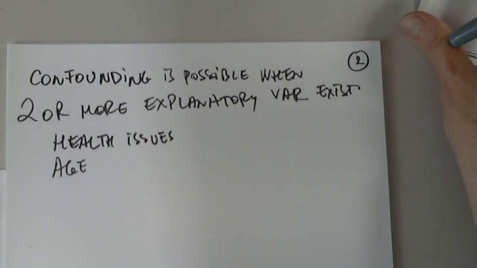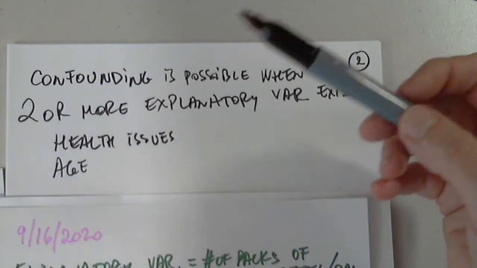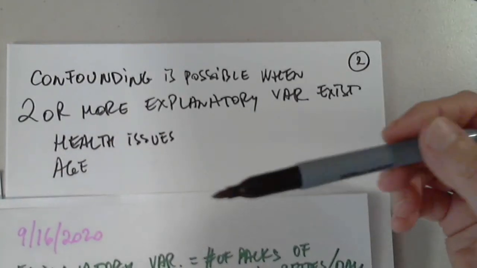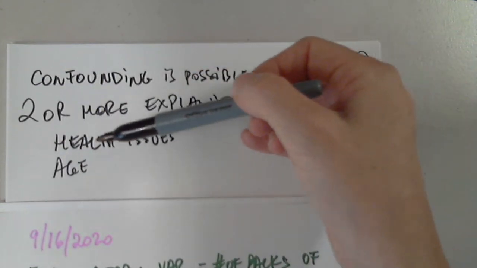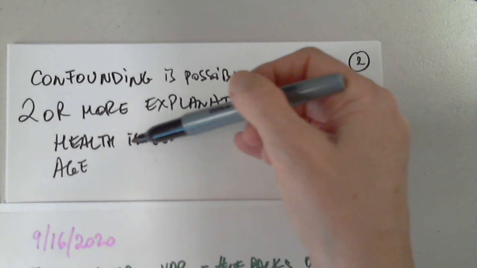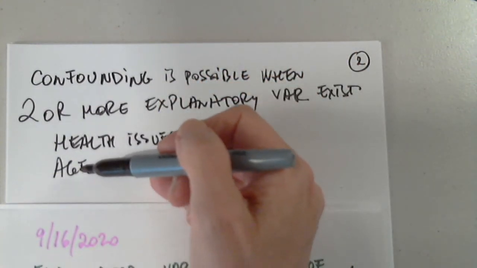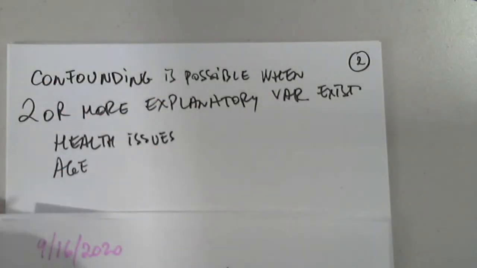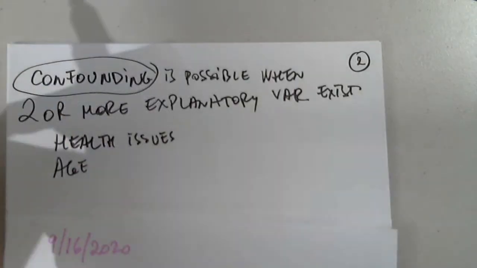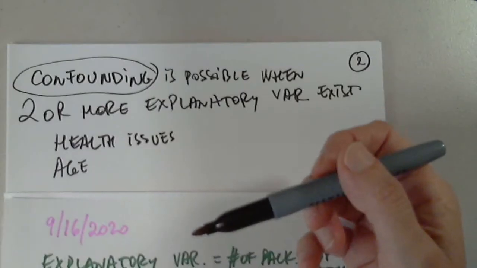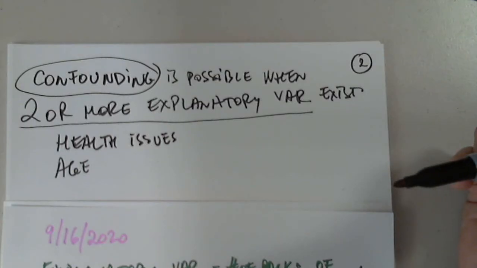Of course, if we're talking about a person who is 105 years old or a person who is 30 years old, of course the 105-year-old may have more health issues. Age may be a confounding factor or variable. So these are possibilities, but when we are discussing two or more explanatory variables.